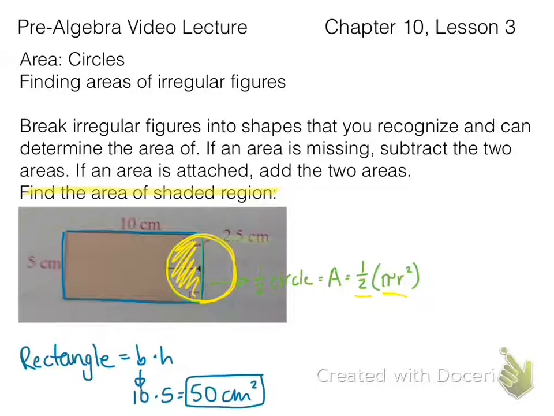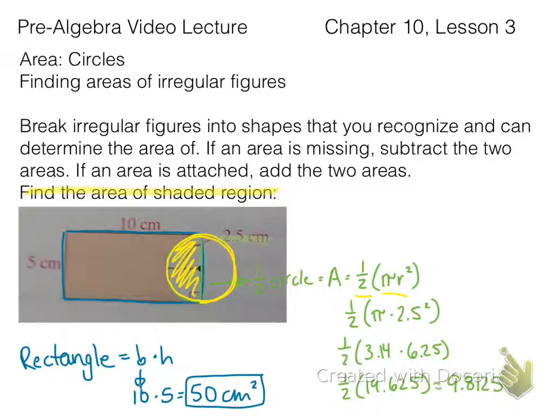And so r gets replaced with 2.5, and since we're finding an approximate region, they don't ask us for the exact region, we're going to replace pi with 3.14. So 1/2 times 3.14 times 6.25, because 2.5 squared is 6.25, multiply that by 3.14, then multiply by half, and the area of that half circle is approximately 9.8125.